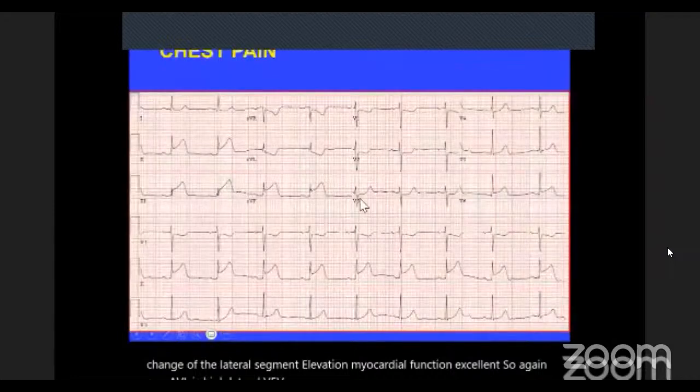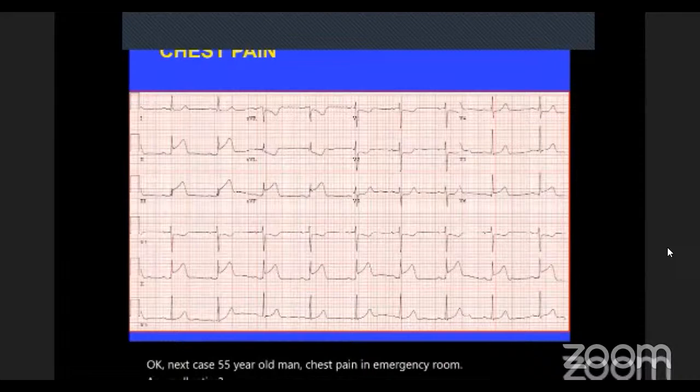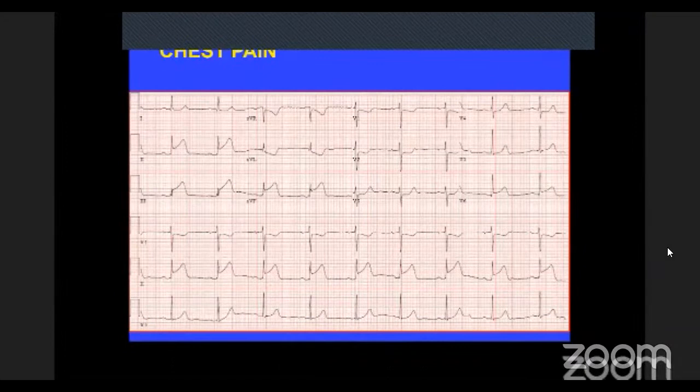Okay. Next case, a 55-year-old man, chest pain in the emergency room. Any volunteer? And the heart rate, it's below 80, I think.